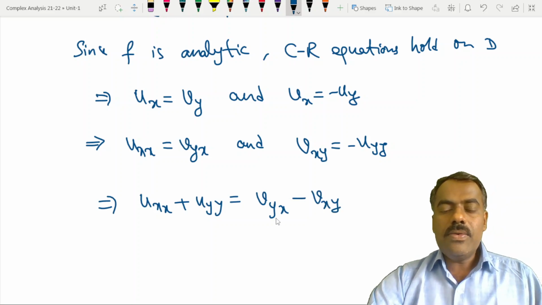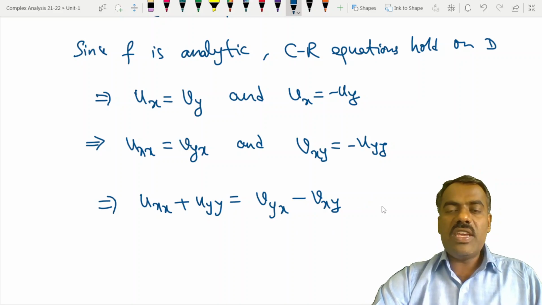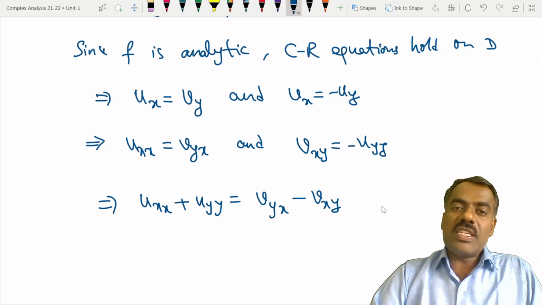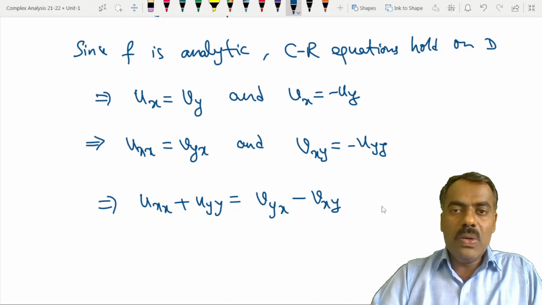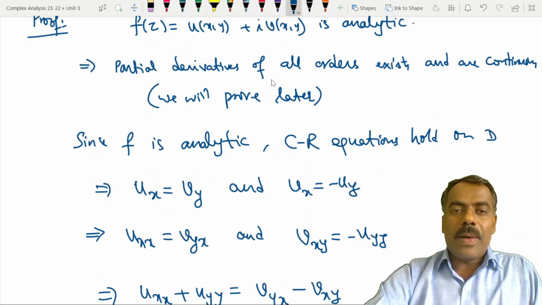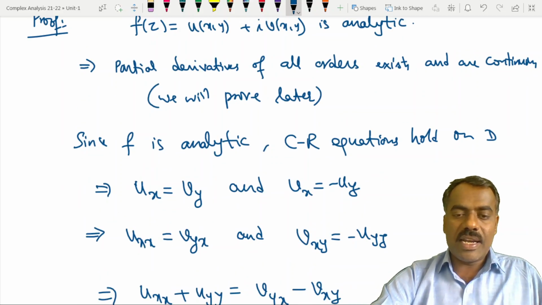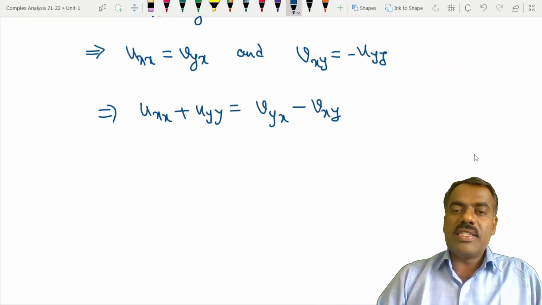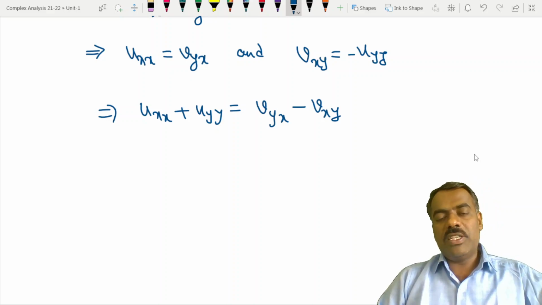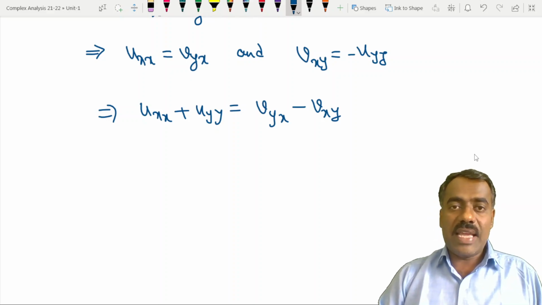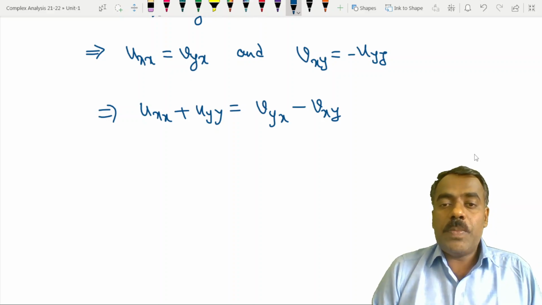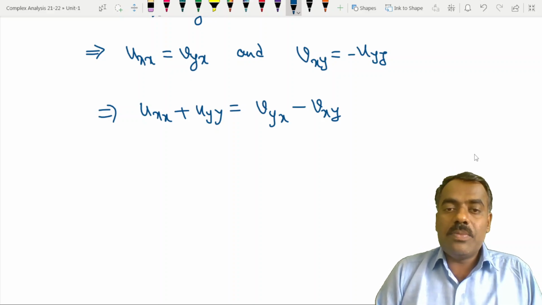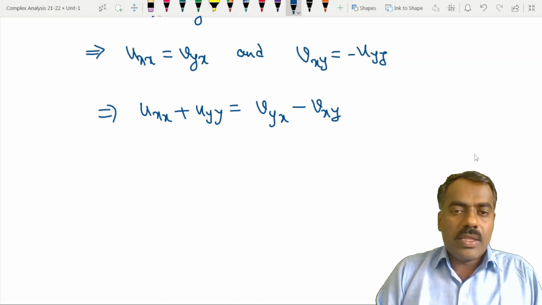Now what are vxy and vyx? First you differentiate with respect to x and then with respect to y, because partial derivatives of all orders exist and are continuous. Therefore, this order we can interchange. Whether you first differentiate with respect to x, then y, or with respect to y first, then x, both are the same.